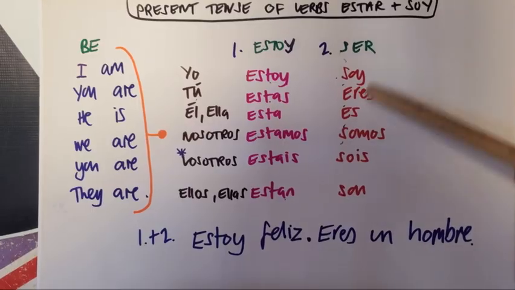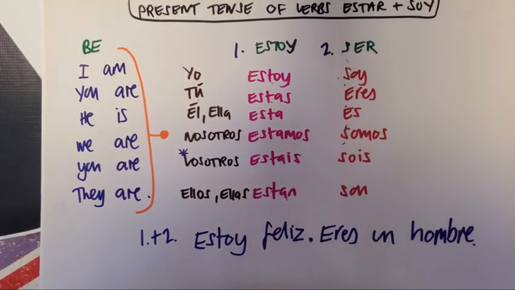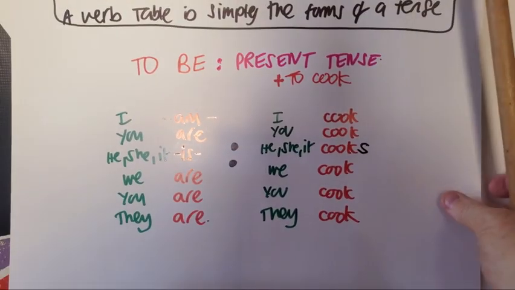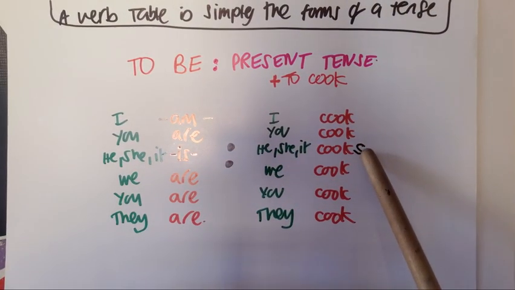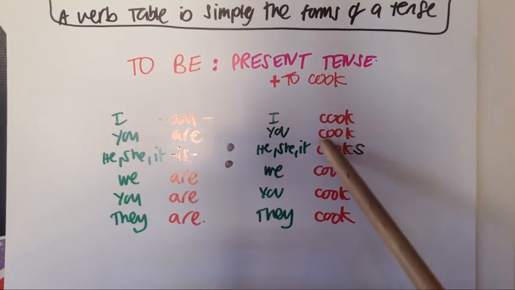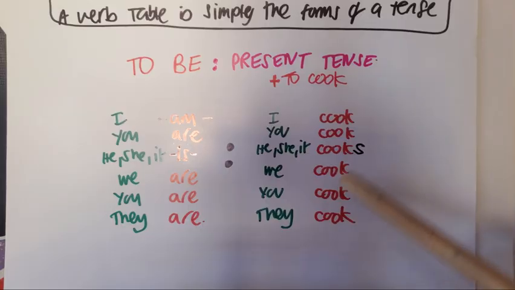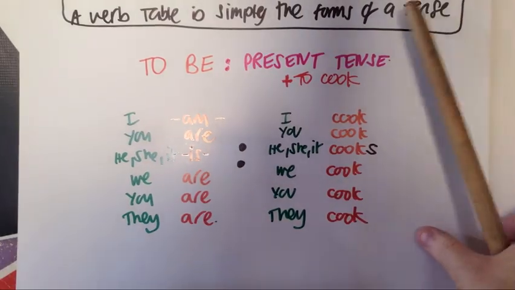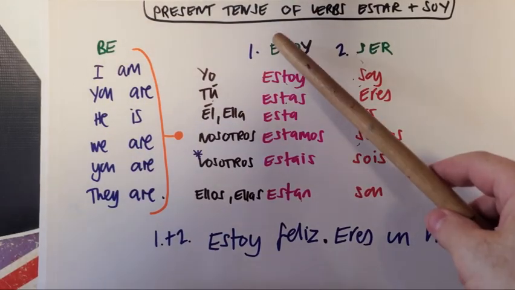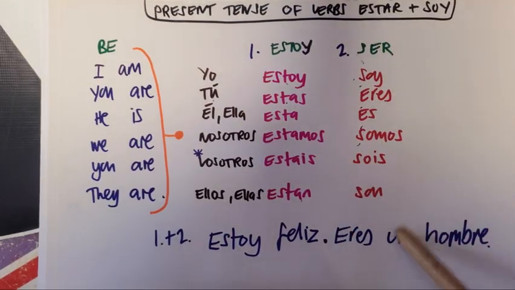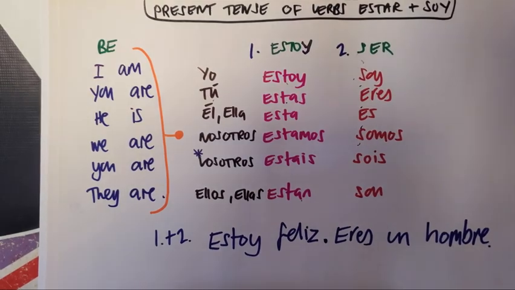Not one of those is the same. Whereas in English, they're all the same, apart from the third person singular. You see, English is so easy with its verbs. Now, there is a reason why you have to learn all of these. It takes time, but you will get there.